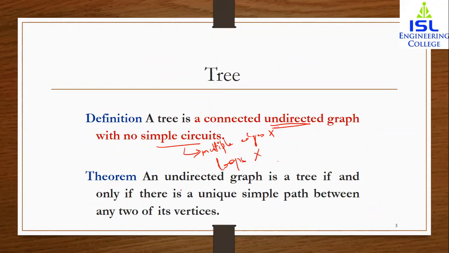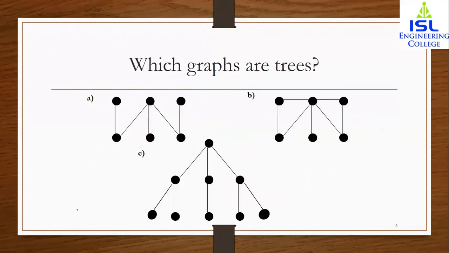Now, also, an undirected graph is a tree if and only if there is a unique simple path between any two of its vertices. So if I am talking about an undirected graph, if there is a unique simple path between any two of its vertices, then it will be considered a tree. Now, which of the graphs shown in this figure are trees? Let's see.